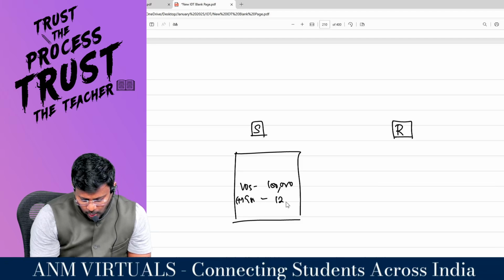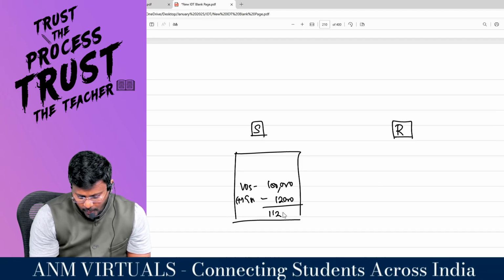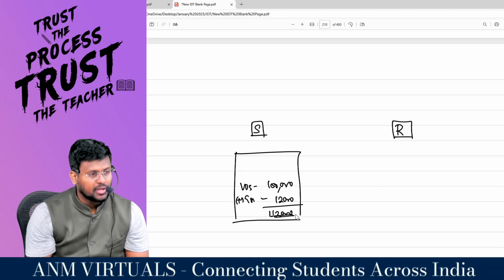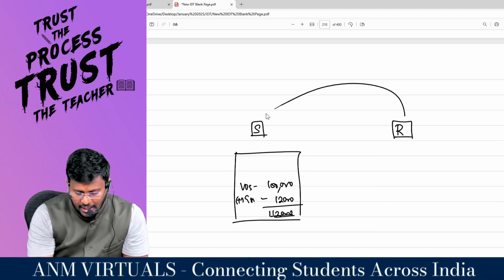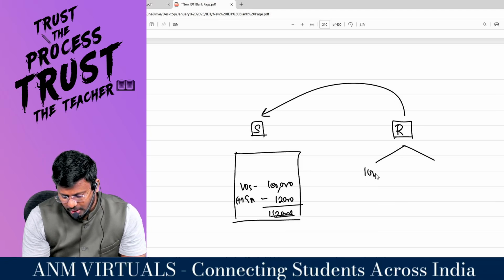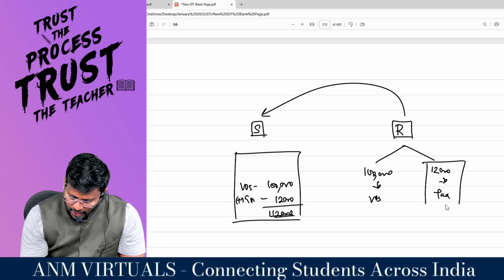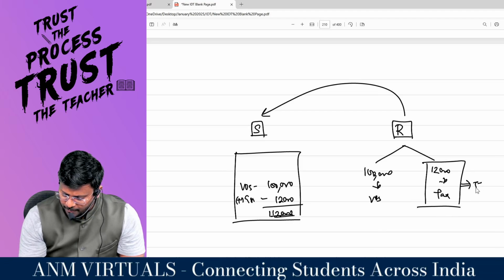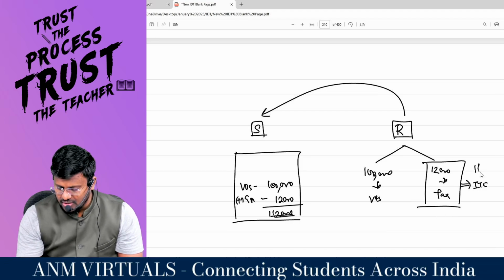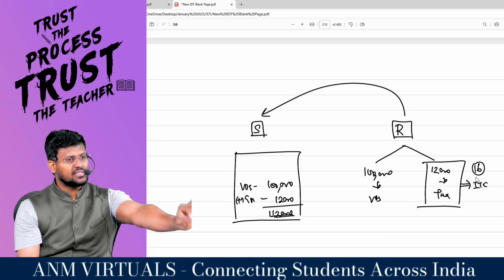Assume 12,000 rupees I have collected as GST. So 1,12,000 rupees I would have totally collected. You will pay me 1,12,000. Out of this, 1 lakh rupees is for the value of supply and 12,000 is for the GST component, tax component, and this amount you would have taken as ITC. If you are satisfying all the section 16 conditions, you will take this amount as ITC.